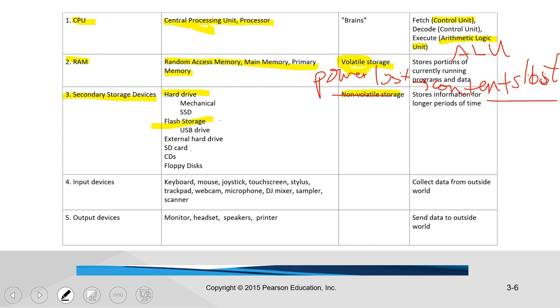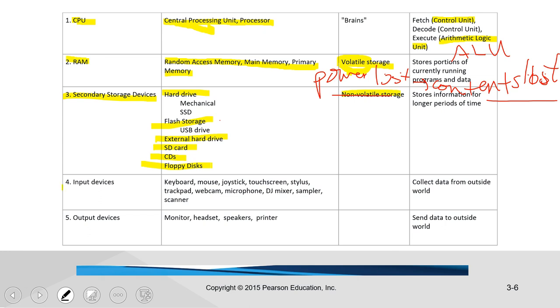Flash storage, external hard drives, SD cards, even CDs or floppy disks are forms of secondary storage devices. And the purpose of this category of hardware is to store information for a longer period of time.